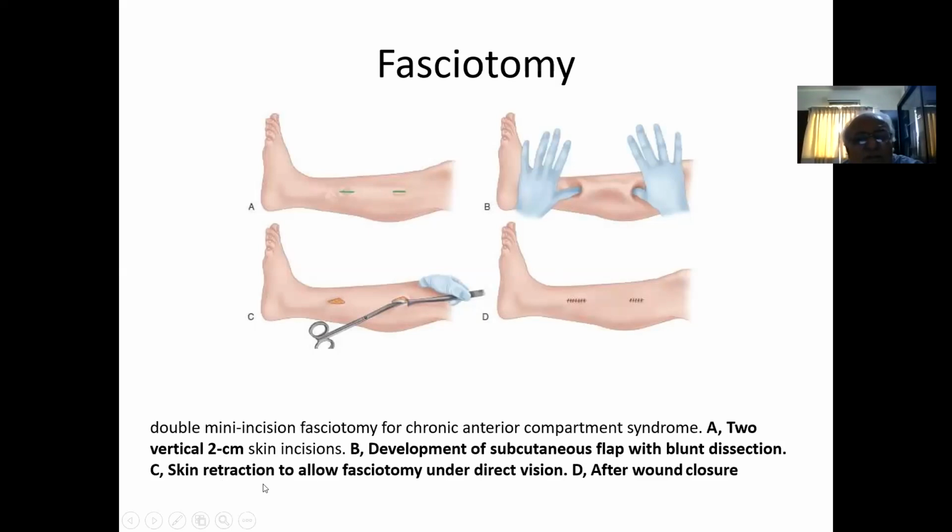Then retract the skin to allow the fasciotomy under direct vision: see the fascia and cut the fascia. After cutting the fascia, just do the wound closure. This figure shows the wound closure of the double incision fasciotomy. It can give the best result, and after this fasciotomy the problem of chronic exertional compartment syndrome usually resolves.